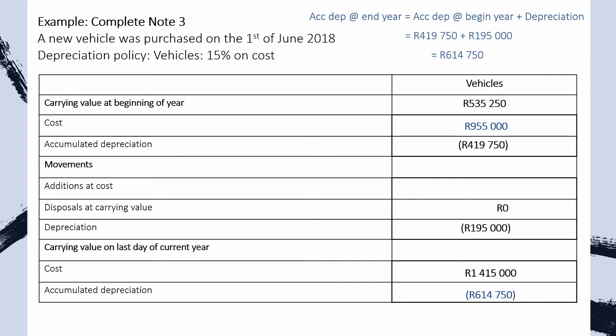Now remember that you need to put it in brackets because accumulated depreciation decreases our carrying value. All right, so we need to have a look now again at what we can sort of solve. Okay, so we see here that we have cost and we have accumulated depreciation.